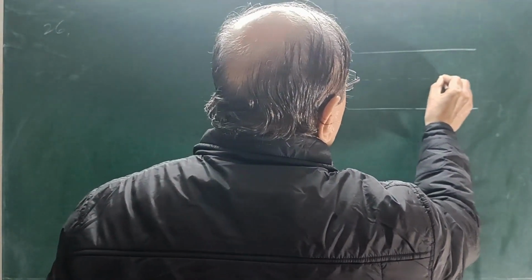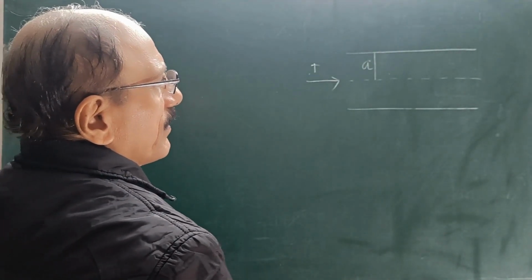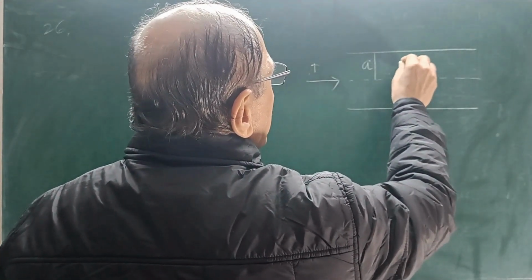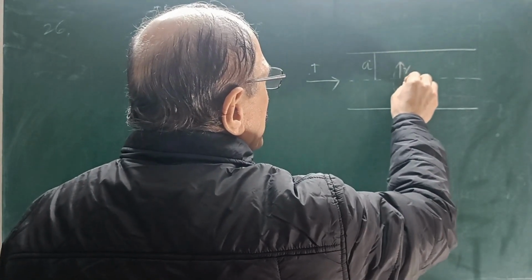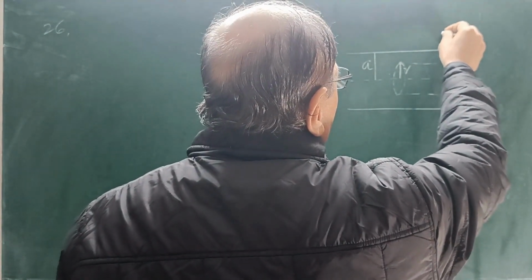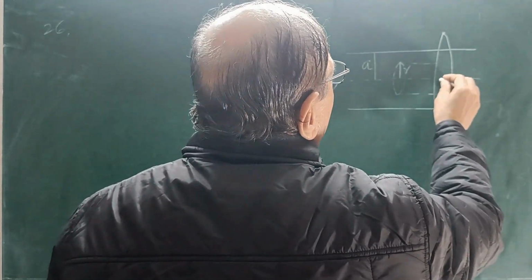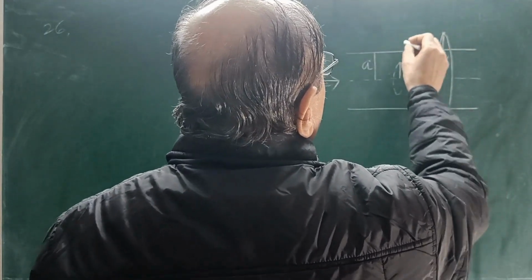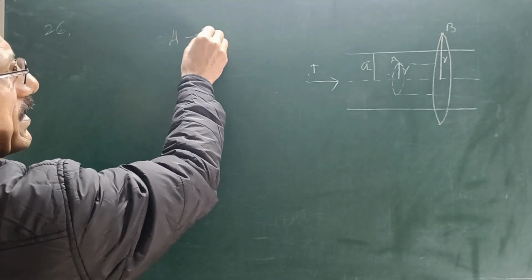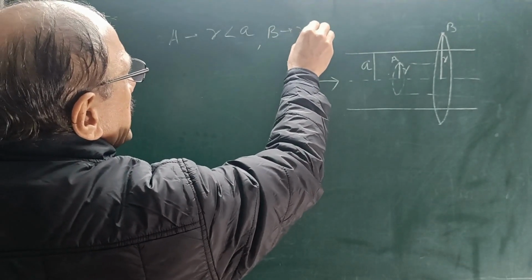The radius of this is A, and we have to find the magnetic field induction at this point, where R is the radius of that portion, and there is another point which is outside the wire or the conductor, which is again radius R. So this is A and this is suppose B. So in case A, R is less than A, and in case of B, R is greater than A.